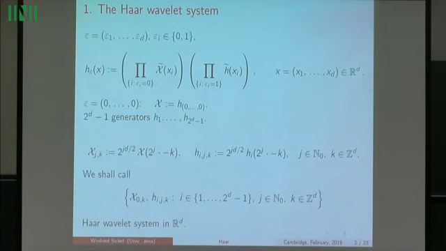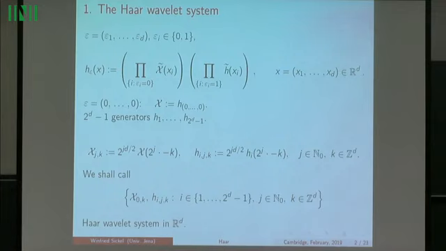And if you introduce these tensor products related to a vector epsilon, being a vector of zeros and ones, then you get the generator of the d-dimensional wavelet system related to the Haar system.